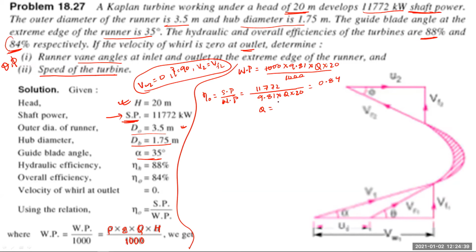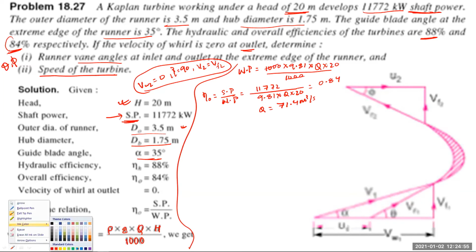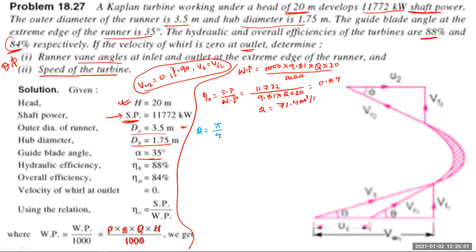You will get Q something around 71.4 meter cube per second. Please cross check whether it is correct or not. Now, we also know from the previous slide that Q equals pi by 4.